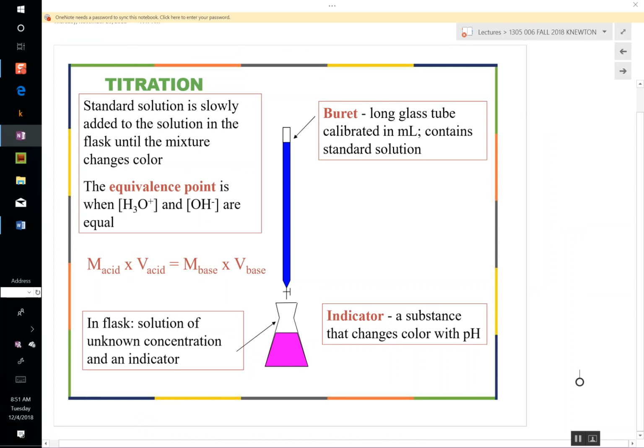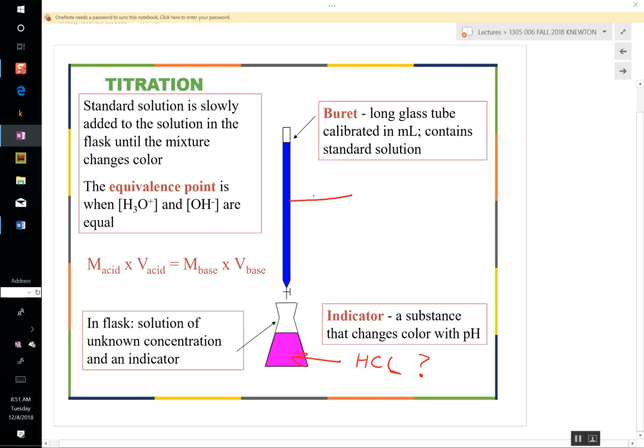So here's the situation. You could titrate a base into an acid, or you could titrate an acid into a base. You could work either way here, but let's take this case where we have, let's say, an HCl solution of unknown concentration.